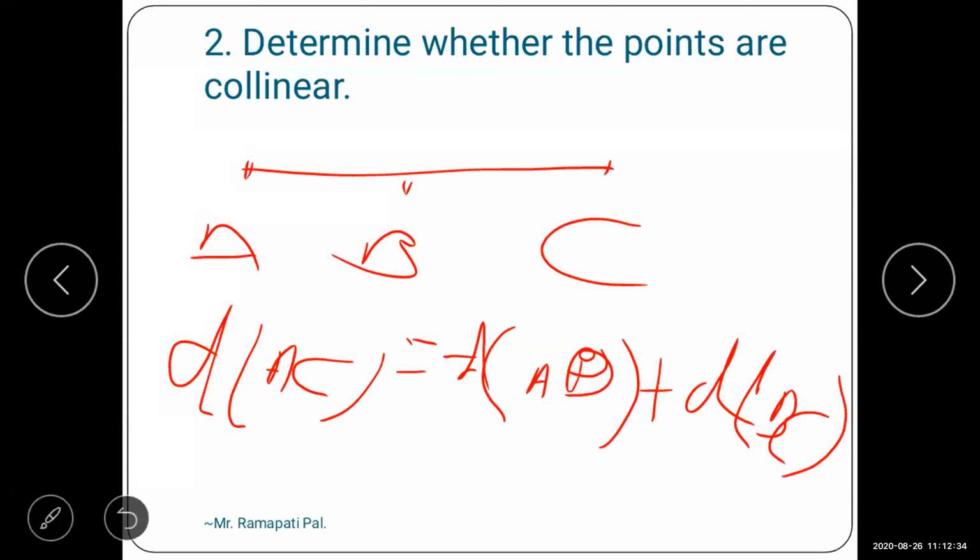This is the condition to determine whether the points are collinear or not. It means we have to find the distance AB, the distance BC, and add distance AB plus BC. If distance AB plus BC is equal to distance AC, then we can say they are collinear points.